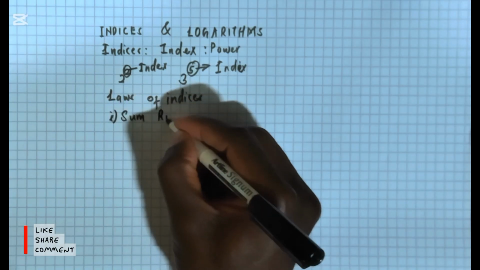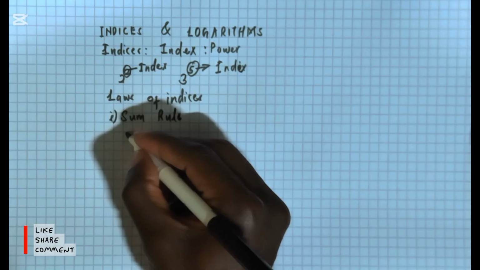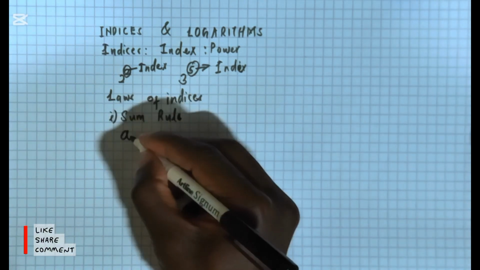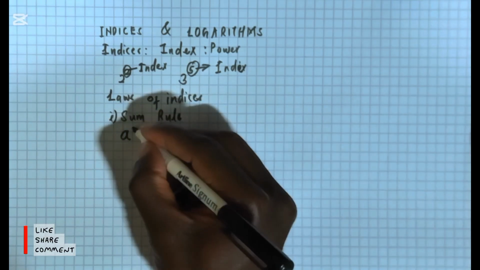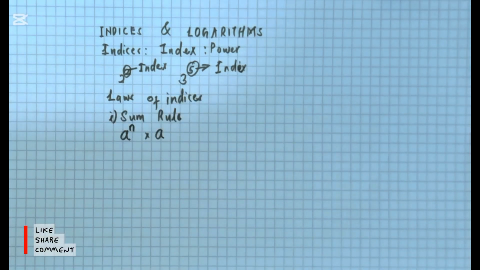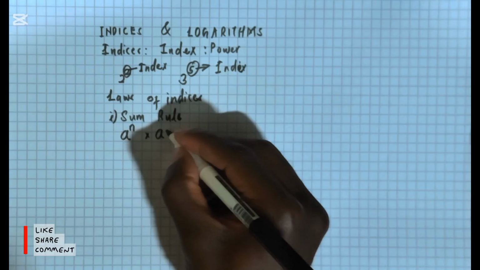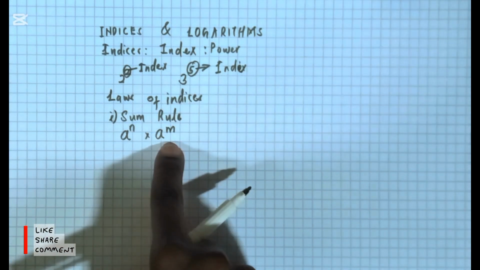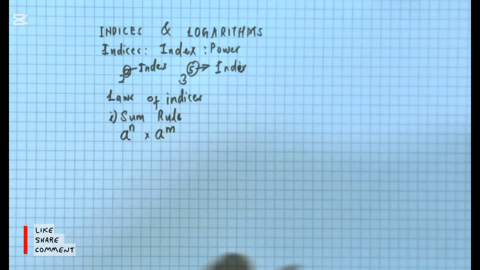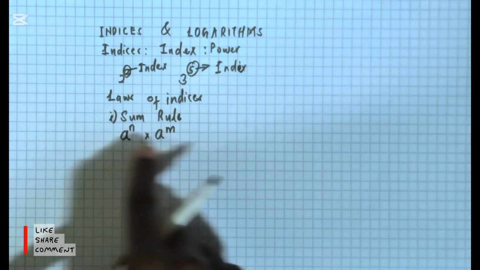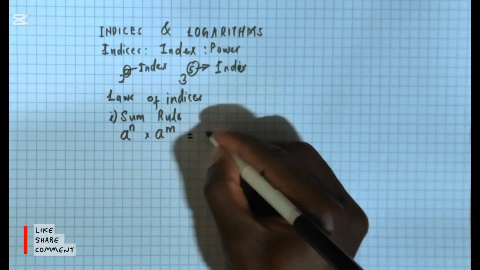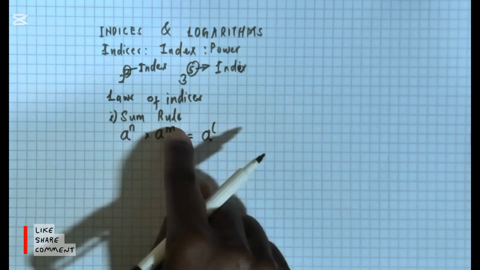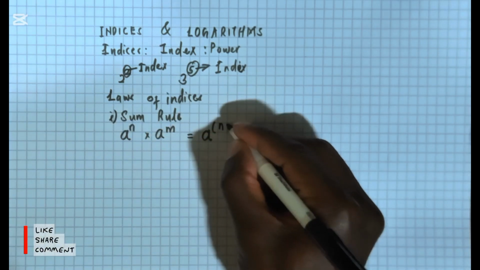The sum rule requires that whenever you have numbers of the same base, so we have a raised to n times a raised to m, the keyword there is same base. Whenever numbers of the same base are being multiplied together, it is the same as taking a and adding the powers, n plus m.